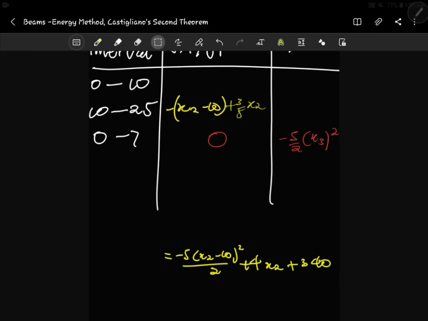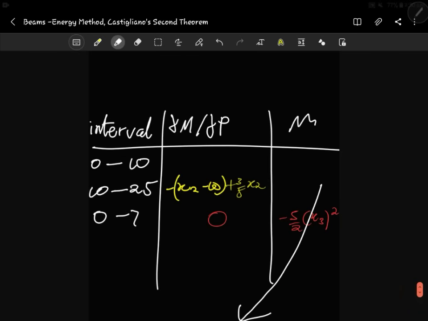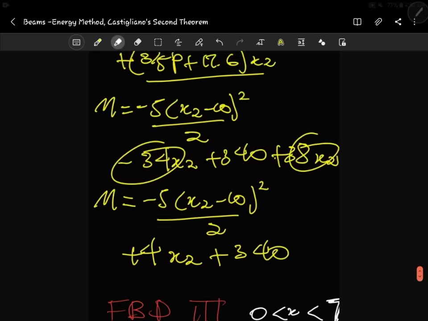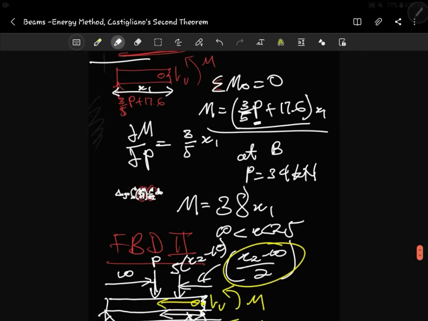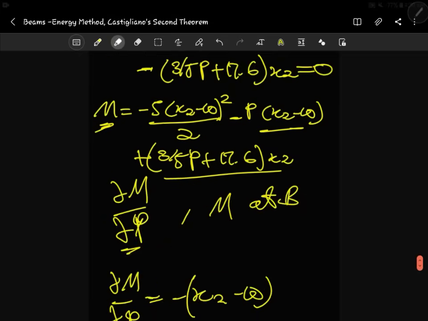Okay, let's say this is for this one. Let's just put it here. Let's label it. This one is for this one, right? And then the interval 1, the dm, the p, partial derivative, we have it to be theorem 5 x1.